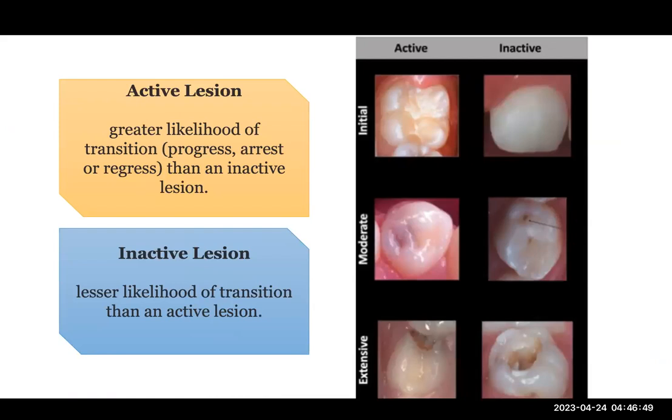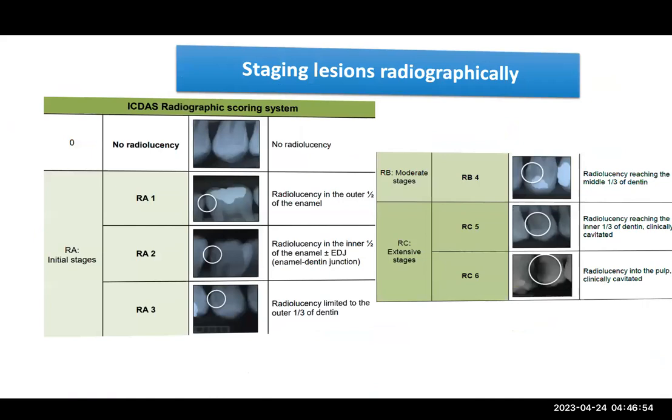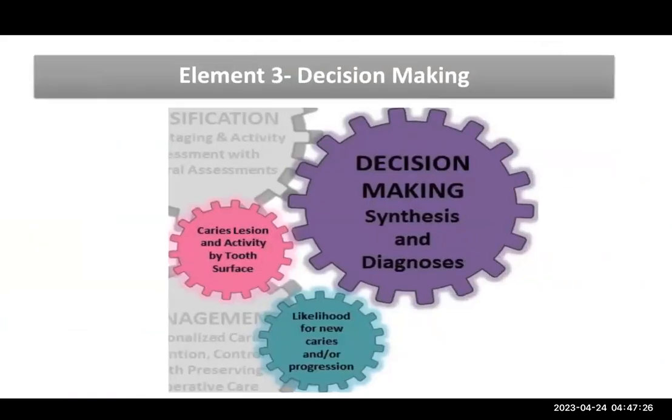So if the lesion is active, your risk categorization is different, and when the lesion is inactive, your categorization is different. Similarly, this system also tries to explain the staging of the lesions with radiographic methods. You can see that for the interproximal lesions, it is staged into RA1, RA2, and RA3. RA4, 5, and 6 are also there for the moderate and extensive lesions.